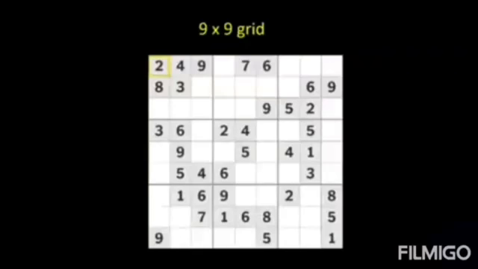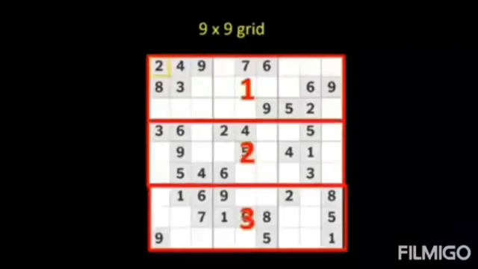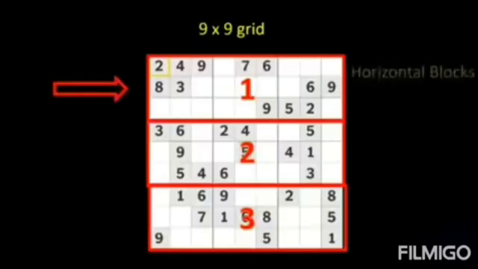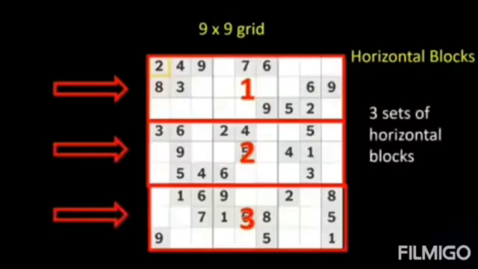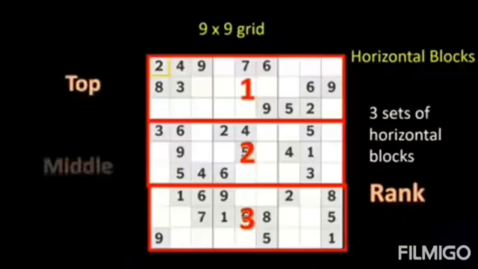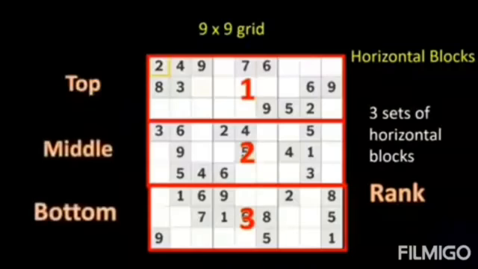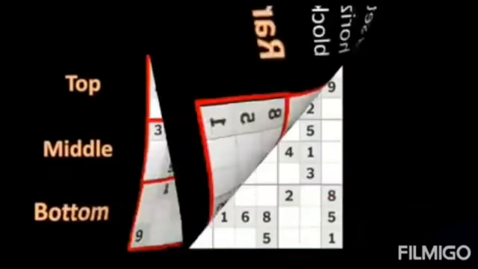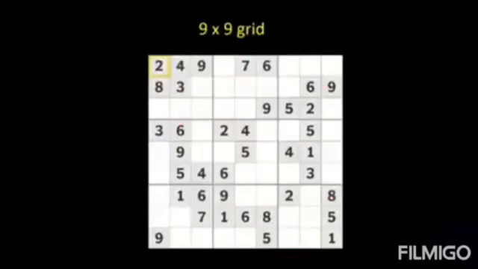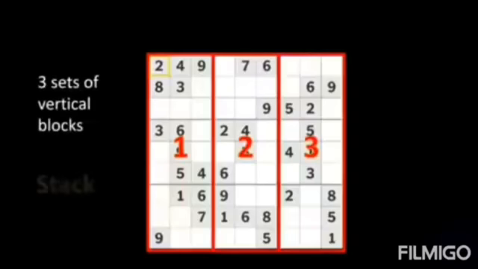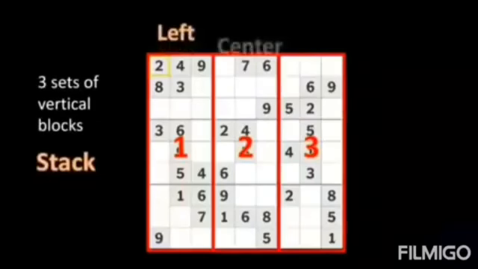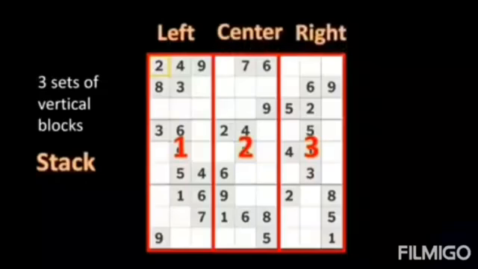We can look for 3 groups of 3 blocks by looking across the rows 1, 2 and 3. These are 3 sets of horizontal blocks known as rank: top rank, middle rank, bottom rank. We can also take this same 9 by 9 grid into 3 vertical groups 1 to 3, and this set of vertical blocks is known as stack: left stack, center stack and right stack.